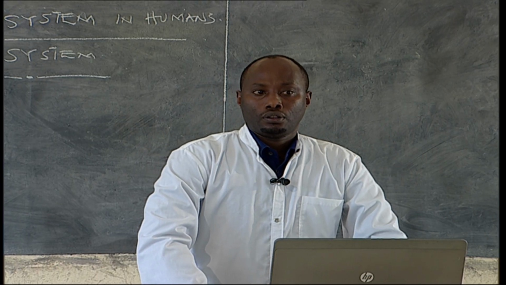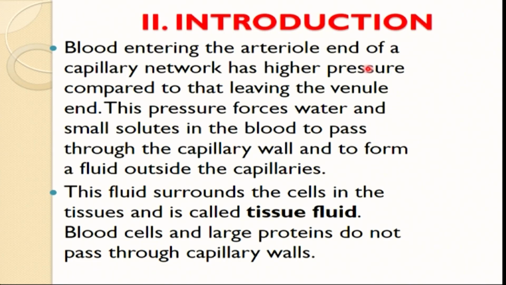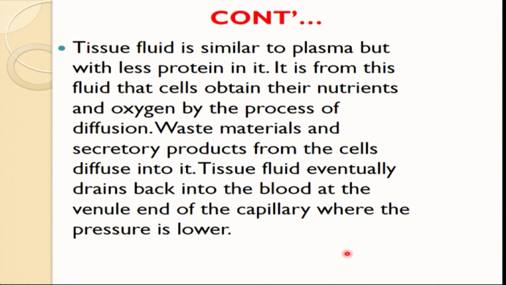The fluid that surrounds the cells in the tissue is called tissue fluid, and as I mentioned, its functions are nourishment and bathing the cells. Blood cells and large proteins do not pass through the capillary wall, so they are retained there.